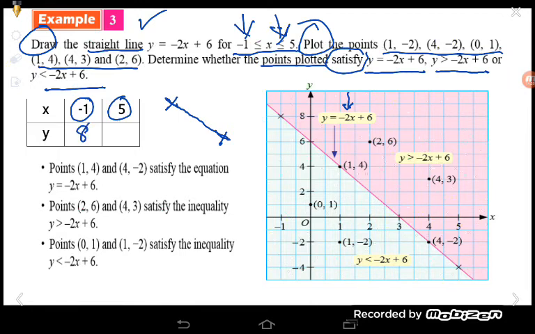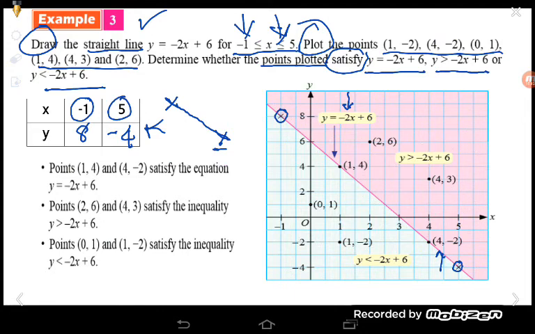And if it is 5, then the answer is -4. So you plot the 2 points here, and then you draw the straight line here.